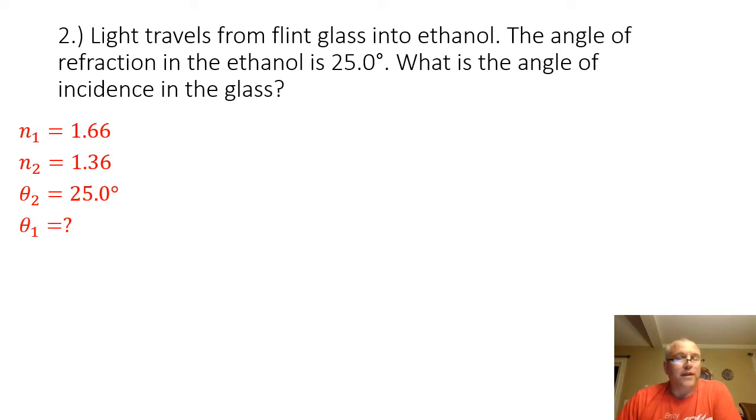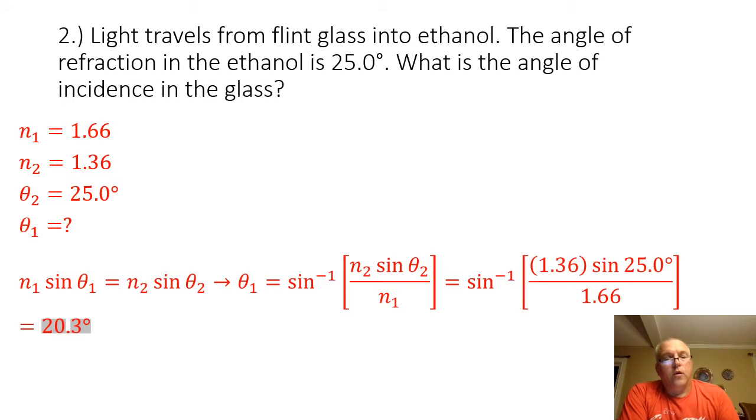Starting off with Snell's law, we are going to solve this for theta 1. So to solve this for theta 1, I am first going to have to divide both sides by N1. When I do that, I still have sine theta 1 on one side of my equal sign, and I need to just solve for theta 1.